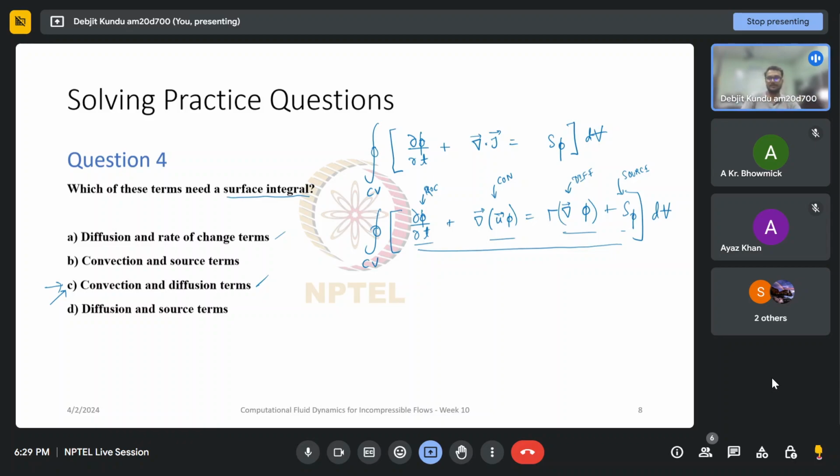Is it option A, diffusion and rate of change terms? Option B, convection and source terms? Option C, convection and diffusion terms? Is it option D, diffusion and source terms? Which of these need a surface integral?